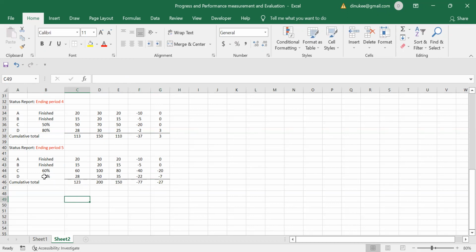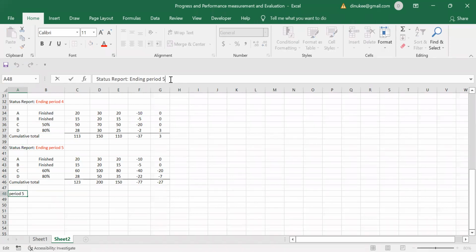So this is for the ending period 5 status report. See whether you are getting similar answers up to this point and let me know.